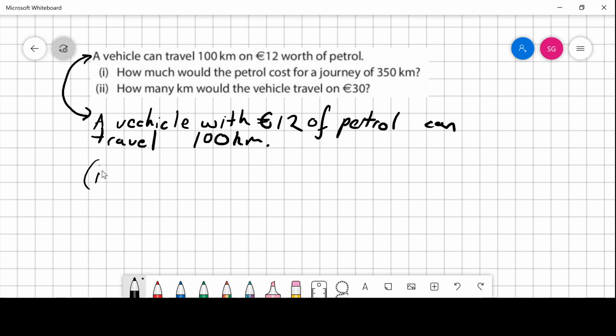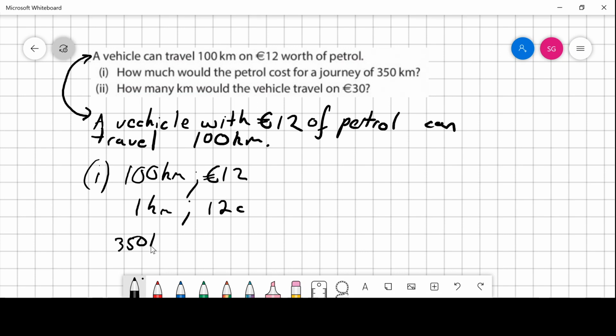So we'll just do the first one first. We'll do the first section here. How much petrol cost for a journey of 350 kilometers? So what we can do is, 100 kilometers has a ratio of 12 euro. So 1 kilometer, it travels 1 kilometer on each 12 cents of petrol.